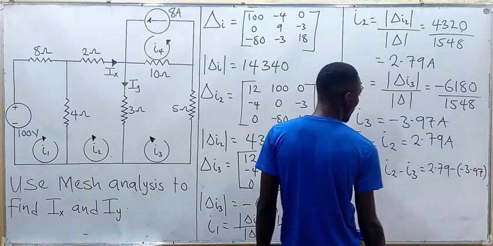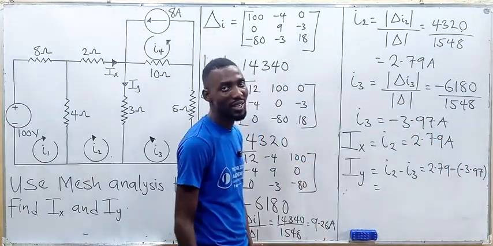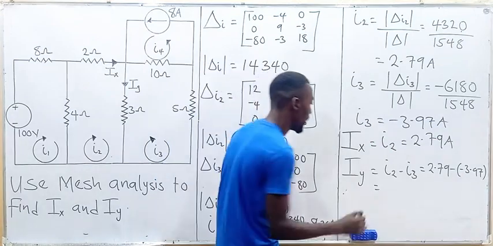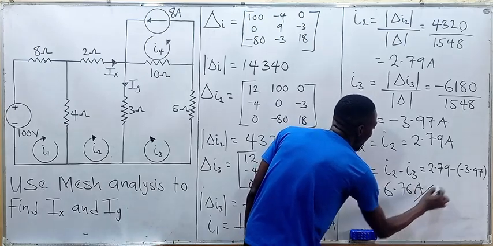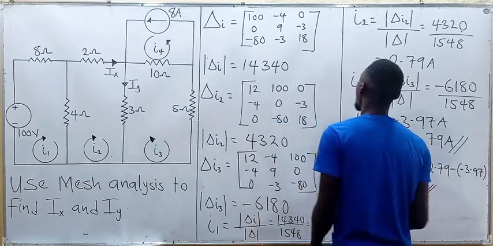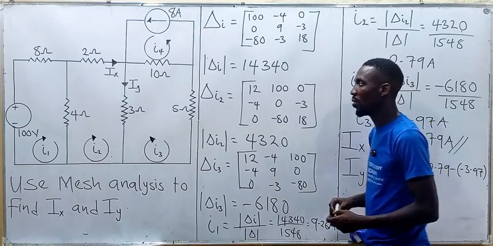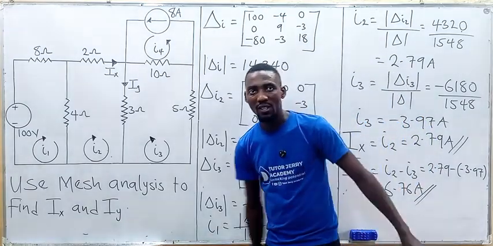So by the time you do that, you are definitely going to get 6.76 ampere. So here is the solution of the above circuit.